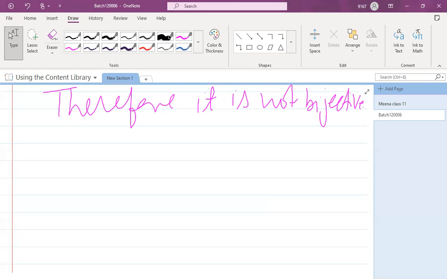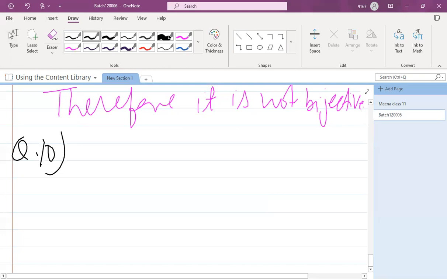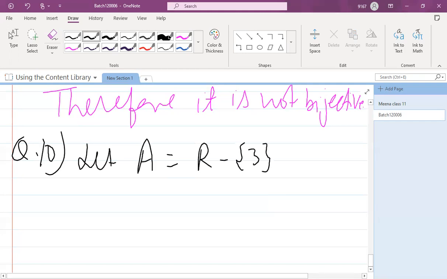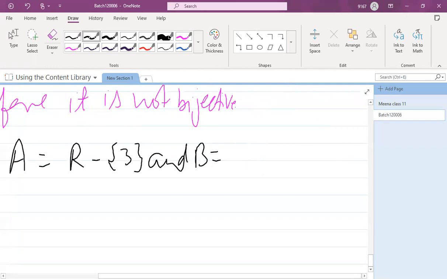Question number 10 we will also discuss. Let A equals R minus 3 and B equals R minus 1.